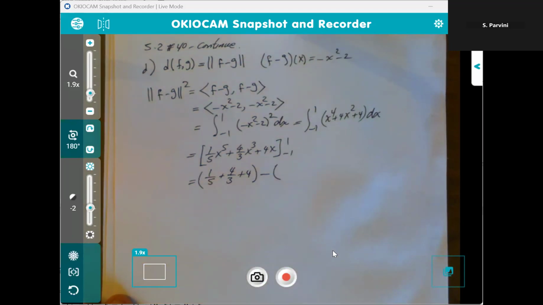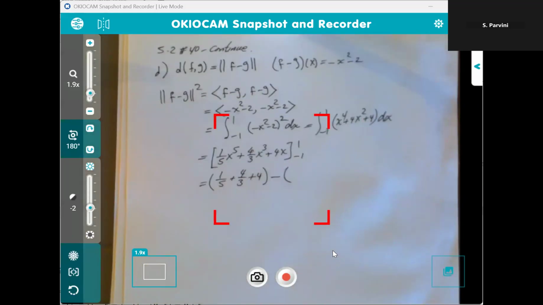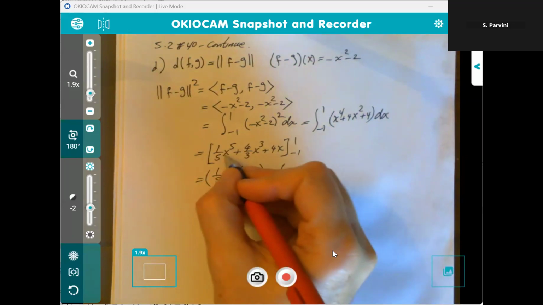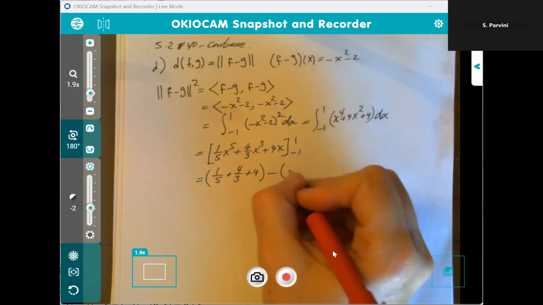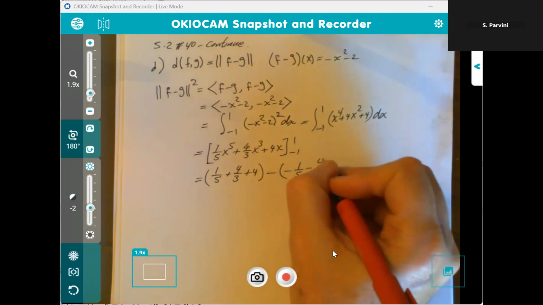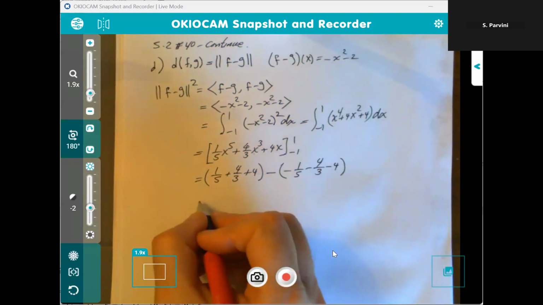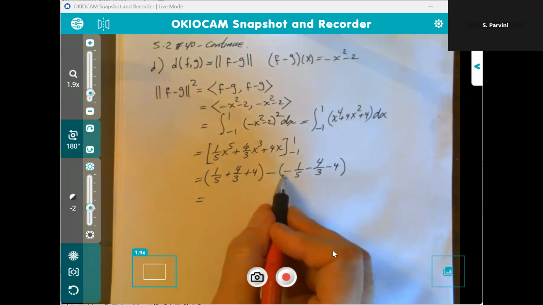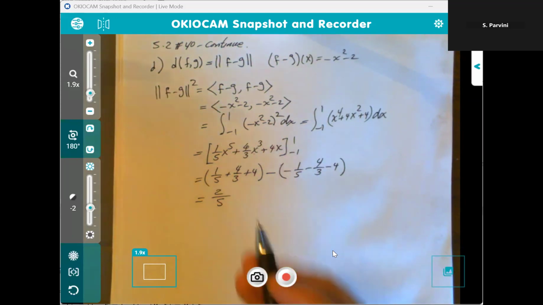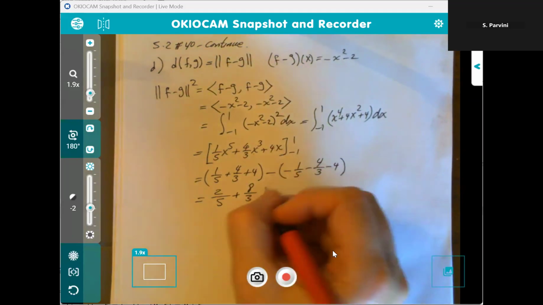The lower limit, when you plug in negative 1: negative 1 to the fifth is negative 1/5, negative 1 cubed gives negative 4/3, and negative x makes this negative 4. So 1/5 minus negative 1/5 is 2/5, 4/3 minus negative 4/3 is 8/3, and 4 minus negative 4 is 8.